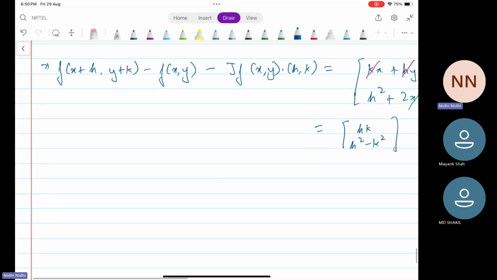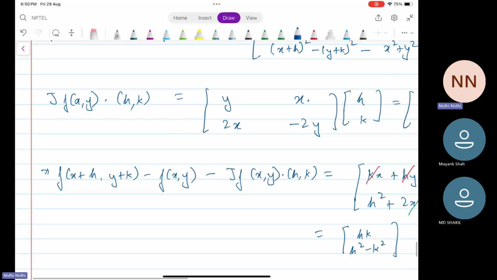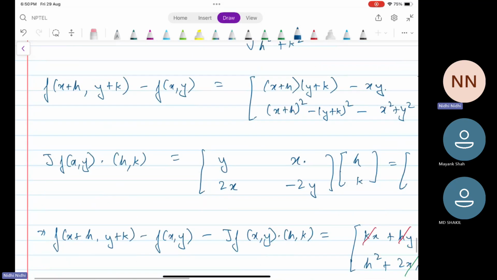So next we need to see its norm. So let's take its square.